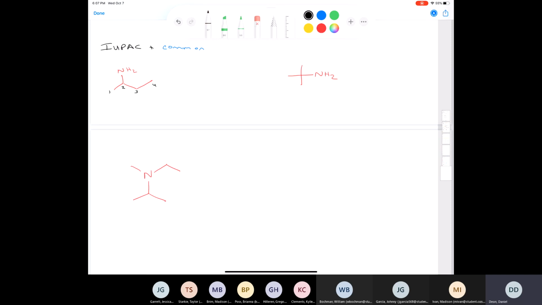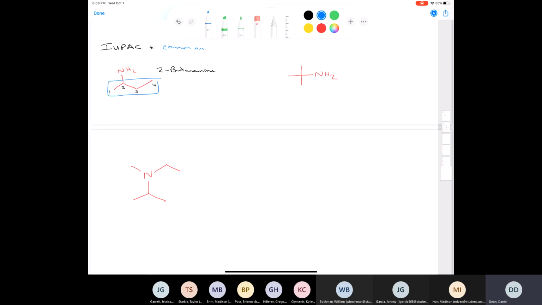So that would be butane, right, if you had a 4-carbon hydrocarbon. And if we have the amino group at the second carbon, this would become 2-butanamine, like that.